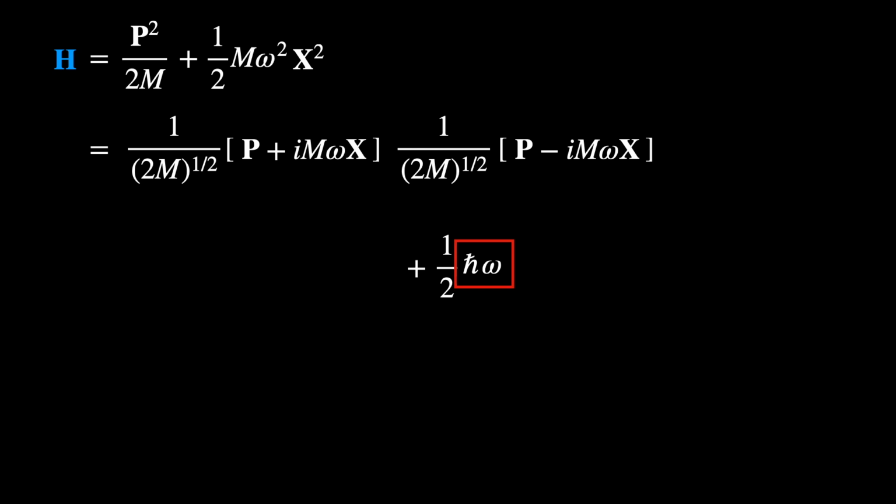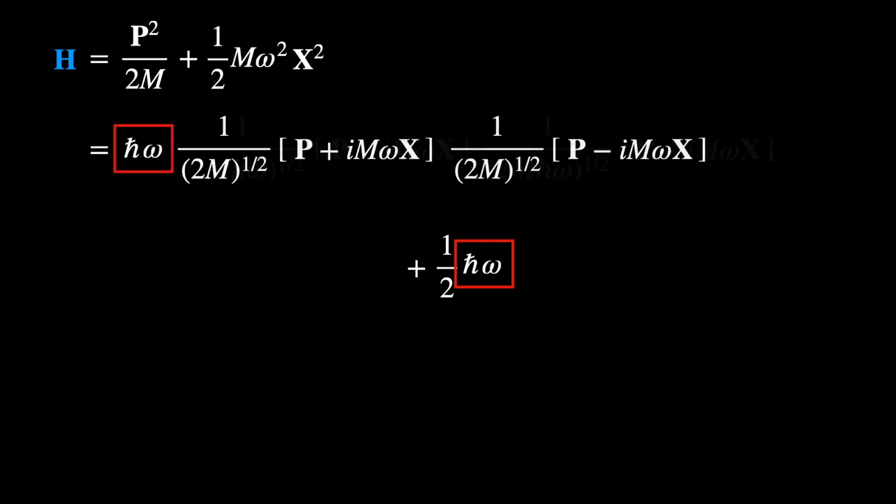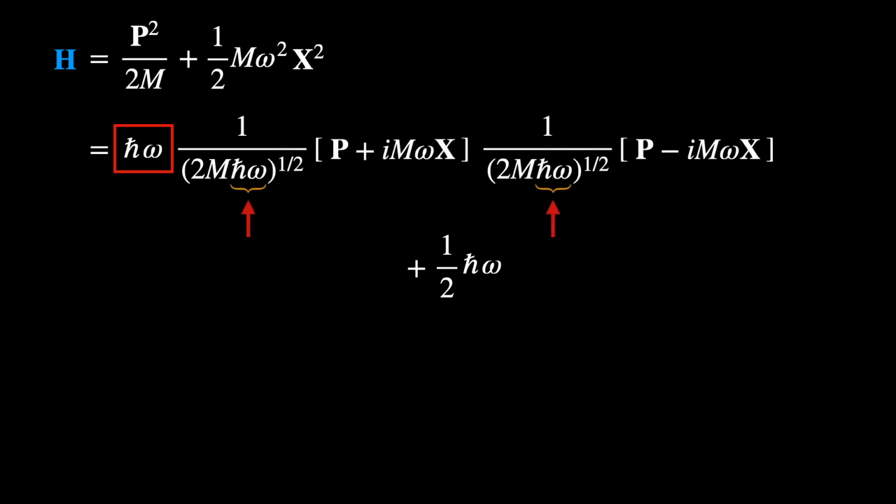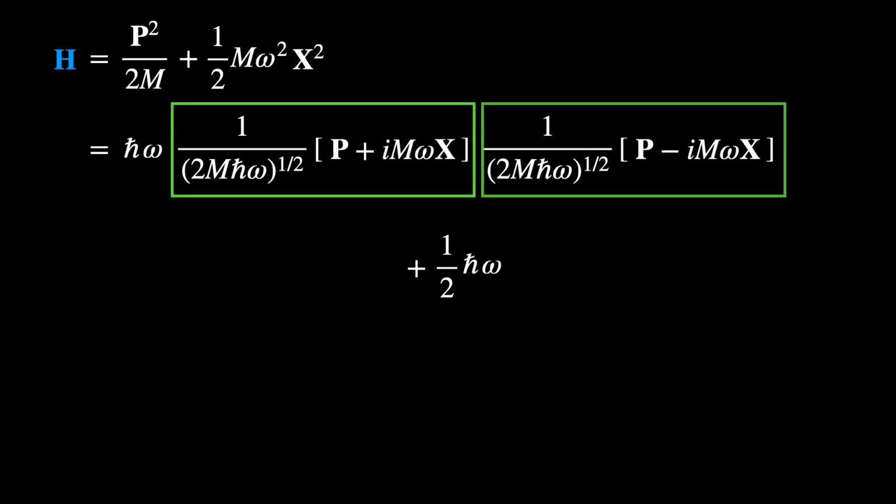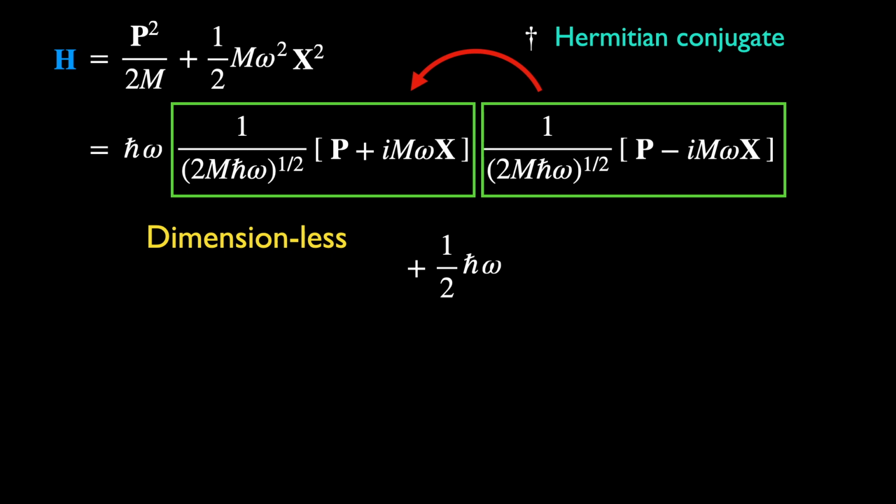Let's make this the prefactor of the Hamiltonian, so that we only have to deal with dimensionless operators. And indeed, we end up with a product of two dimensionless operators that are Hermitian conjugates of each other.